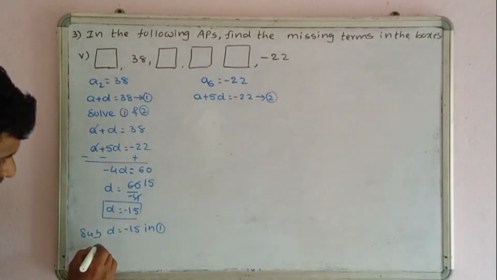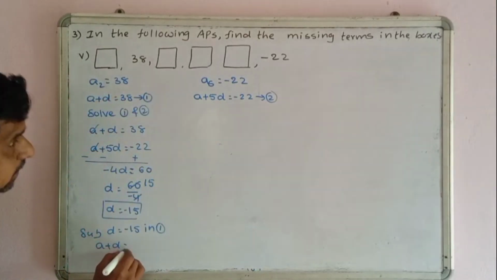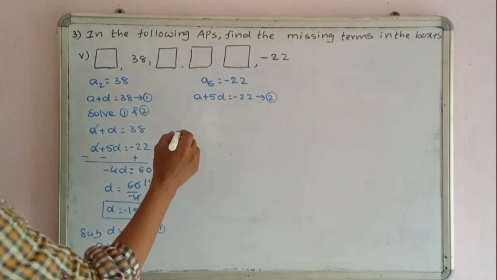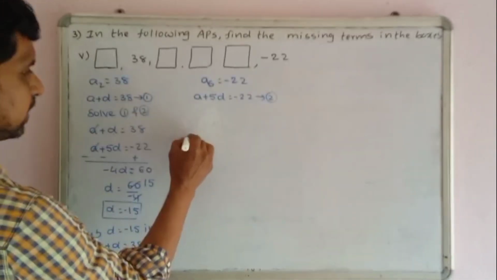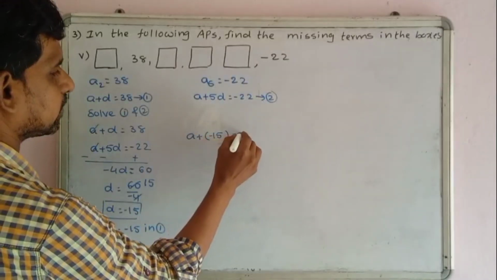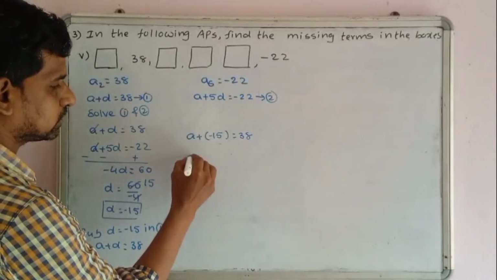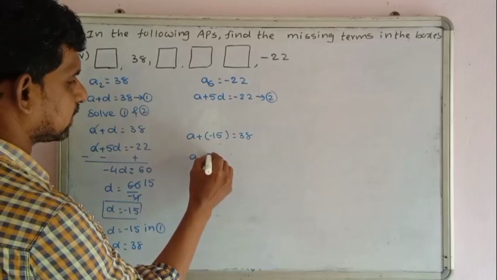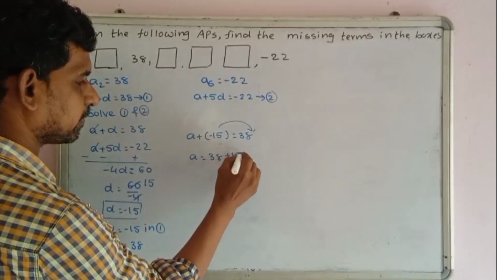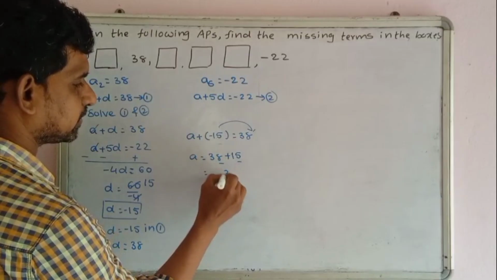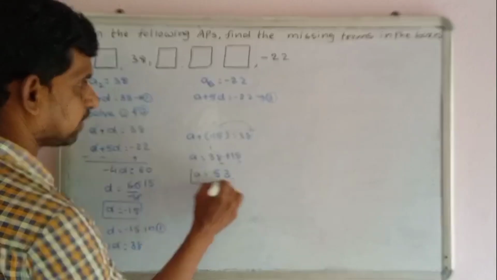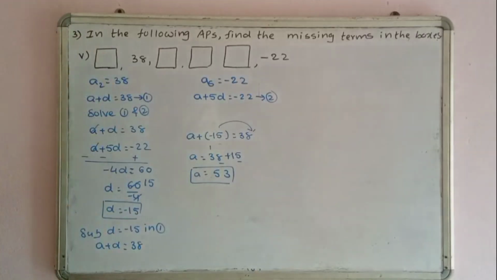What is 1? A plus D equals 38. So A value, we don't know A value, plus D value minus 15 equals 38. So A equals 38 minus 15, transposed to the right side, plus 15. So 8 plus 5 is 13, 1 balance, 1 plus 3 is 4, 4 plus 1 is 5. The value of A is 53.